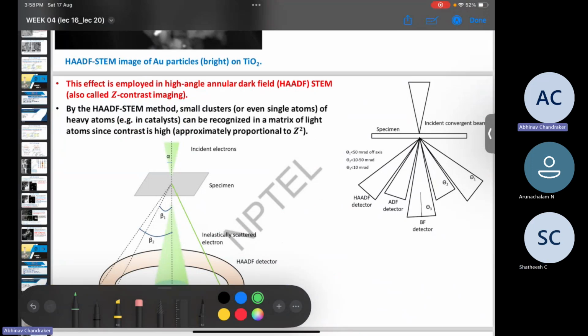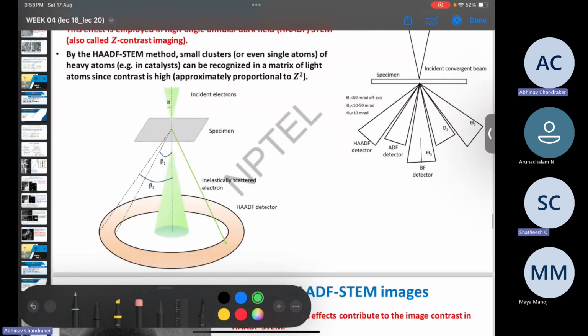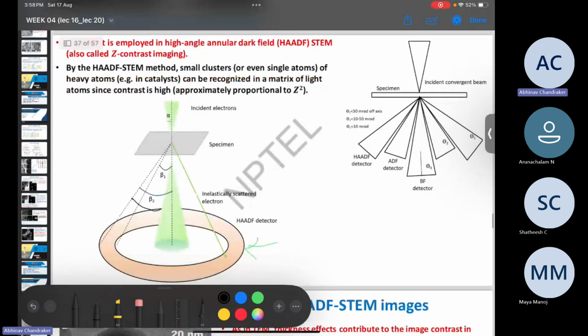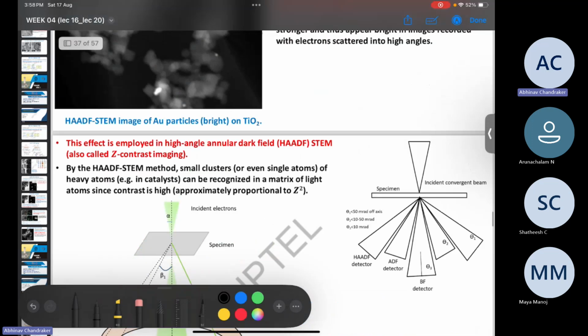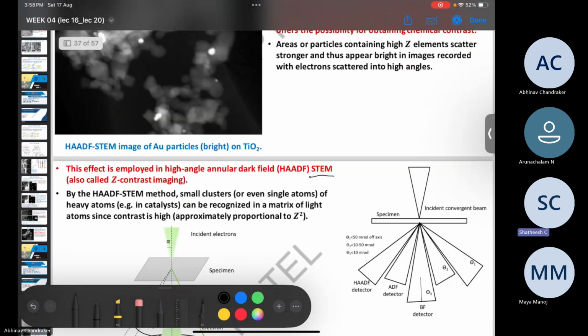Here we have an annulus, which is like a ring, at quite a high angle with respect to the optic axis, and because of this we call it a high angle annular dark field method. And here we do not use TEM, we use STEM, scanning transmission electron microscope. As I was speaking, there are scanning coils which are used to scan the electron beam, and in that case we call it STEM.